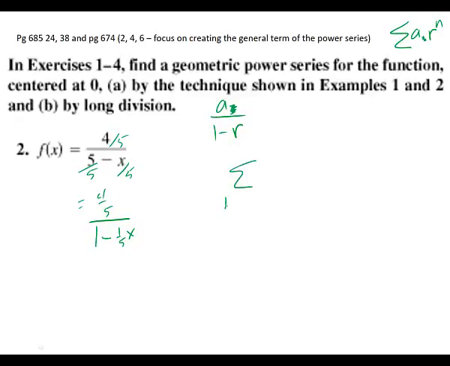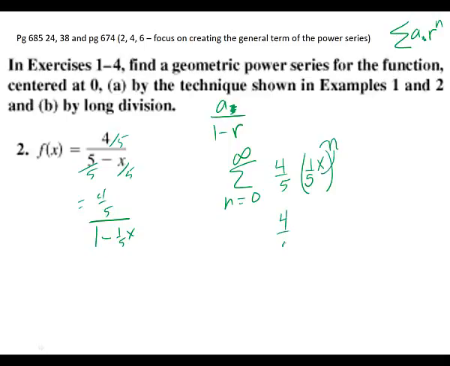So I've got the sum as n equals 0 to infinity. What's my first term, or my a? 4/5. And then what's my ratio? 1/5 x to the n power. But that's not what the answer is going to look like. We're going to do the fancy algebra here. I'm going to distribute that n in.